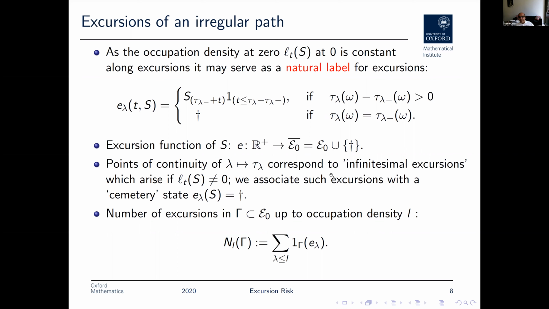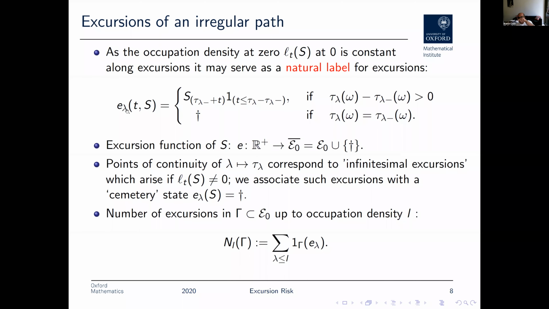Now, it means that at time zero, your occupation density starts at zero, and then every time you cross the zero, you increment it, and along each of these excursions, going from zero to zero, and then again away from zero back to zero, the occupation density has a different value, and you label E lambda the excursion along which the occupation density has value lambda.